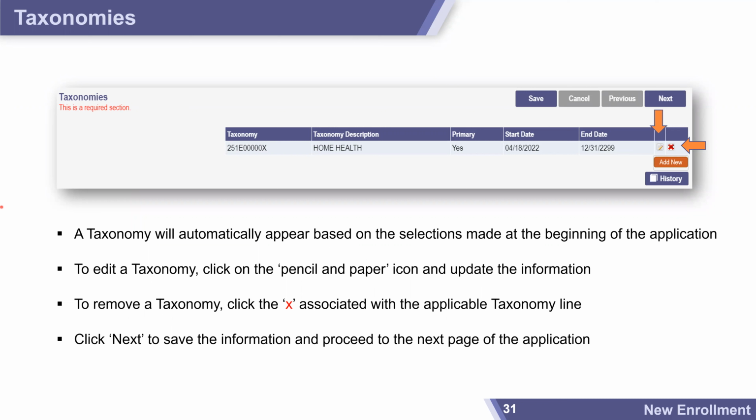Now, this should automatically show up, because keep in mind, at the very beginning of the application, you already did this part. You already added in a taxonomy. But if for any reason you need to change the taxonomy or add a different one, you are able to do so, again, by utilizing that pencil and paper icon.